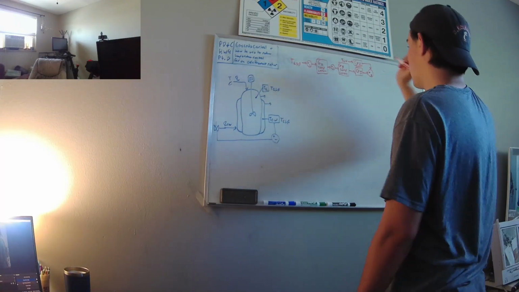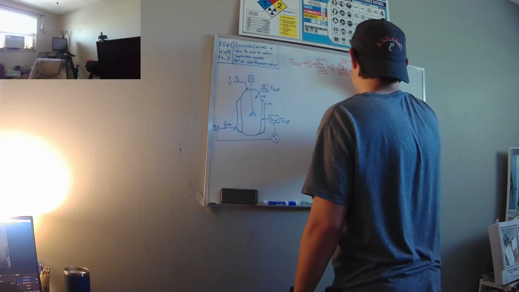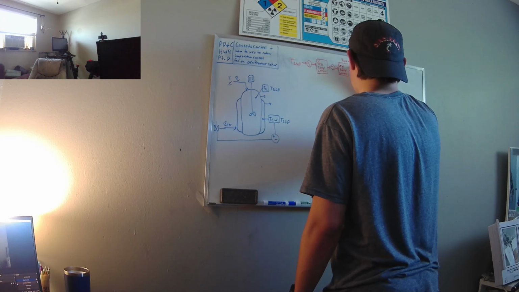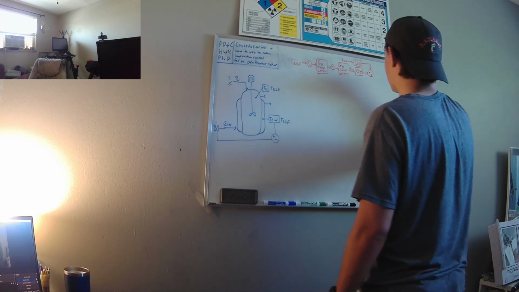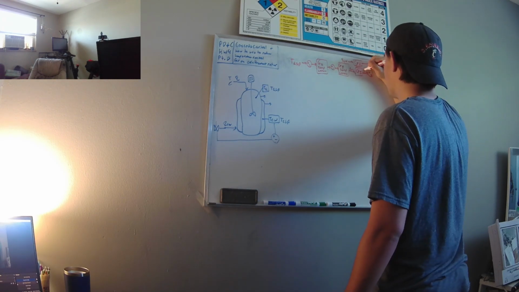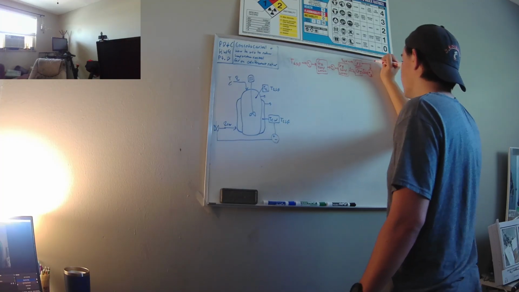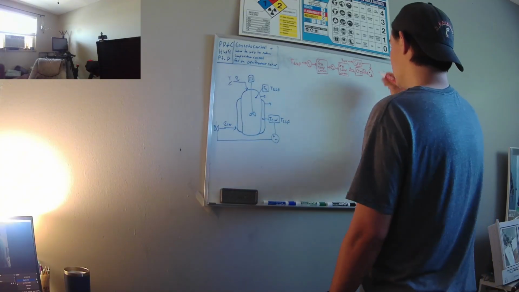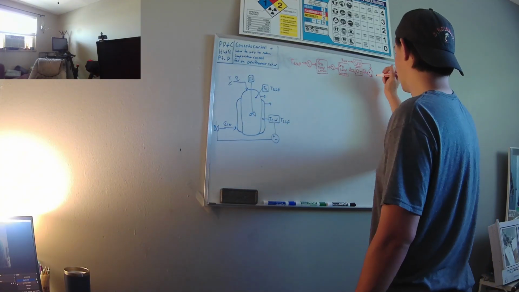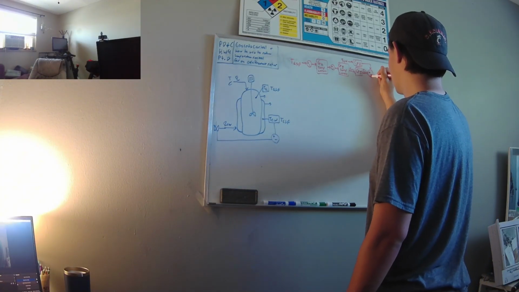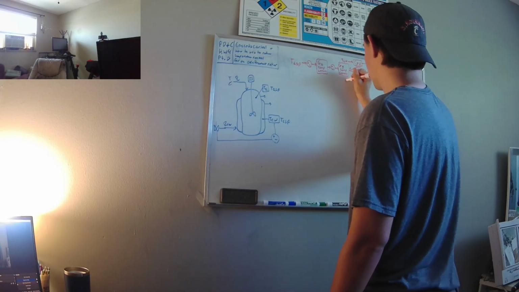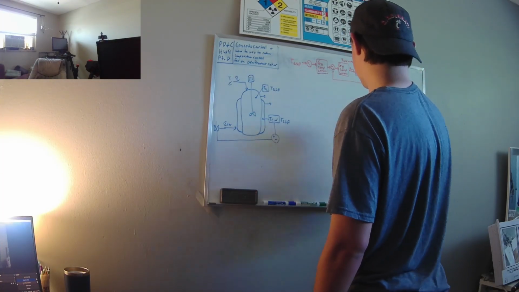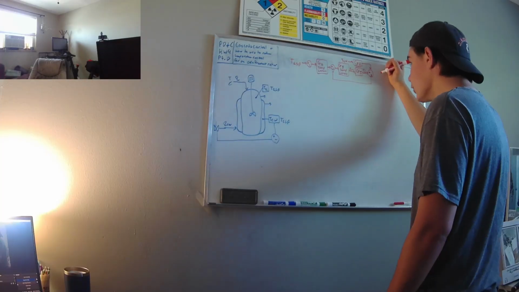And remember that coming into our jacket, we've got our QCW, the flow rate of our cooling water, and then coming out, we have the temperature of our jacket. And then this is going to come back around to here.